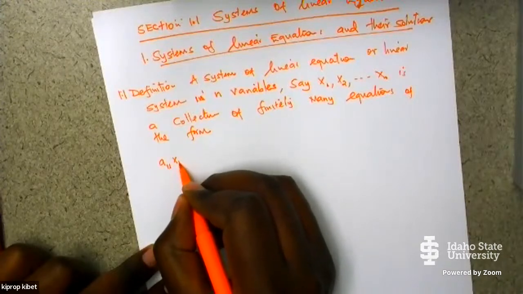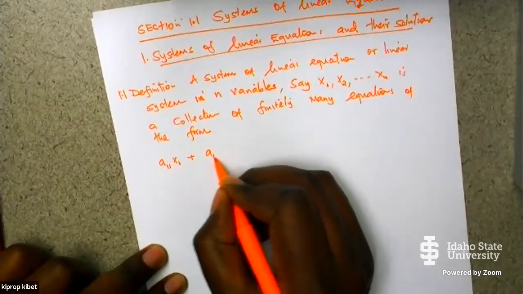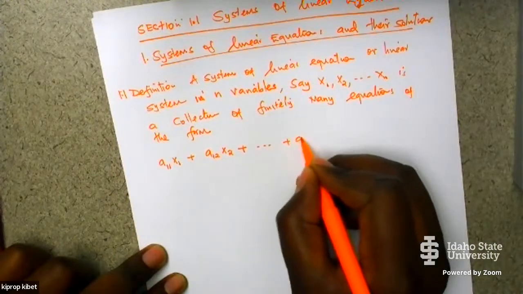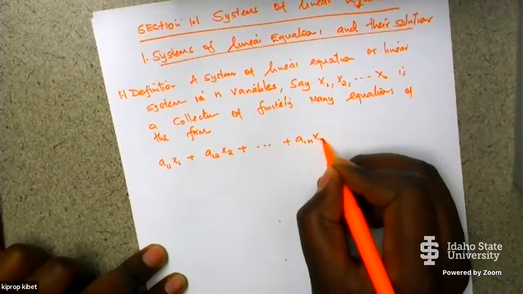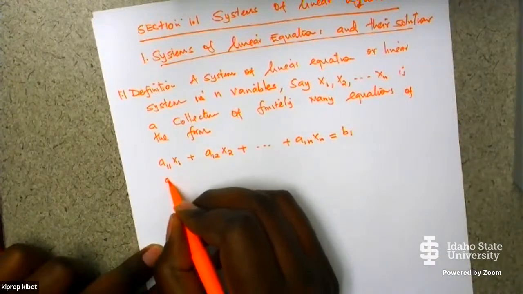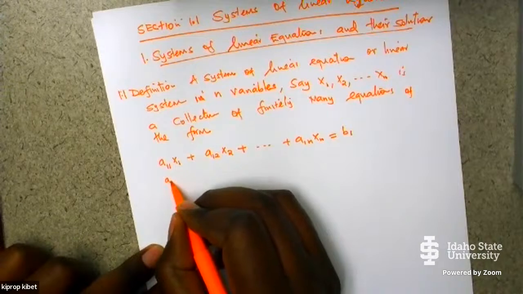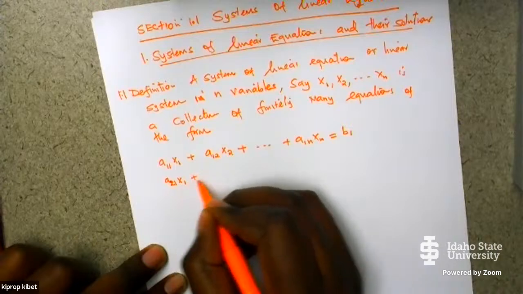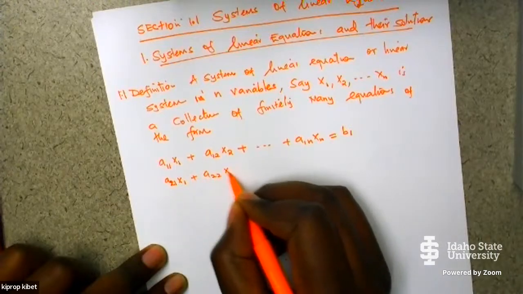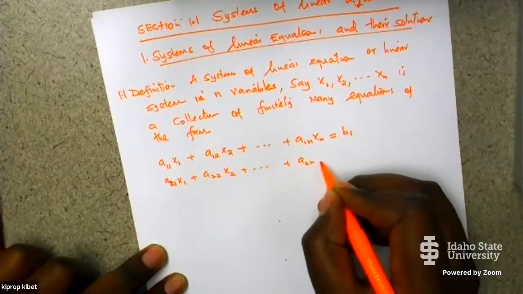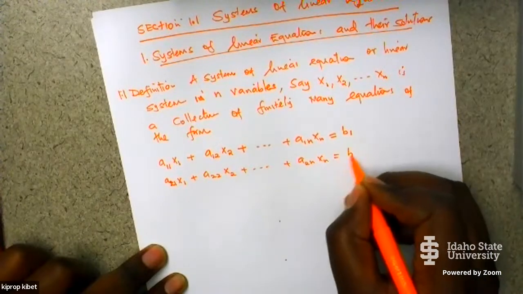a11 x1 plus a12 x2 plus a1n xn equals b1, or a21 x1 plus a22 x2 plus a2n xn equals b2.